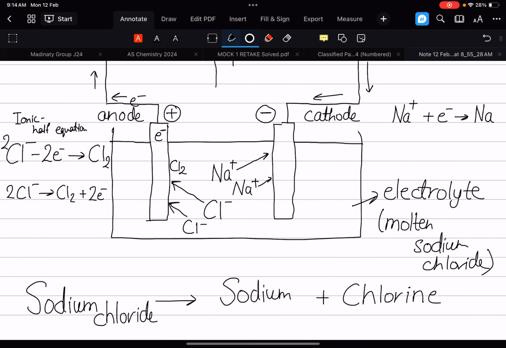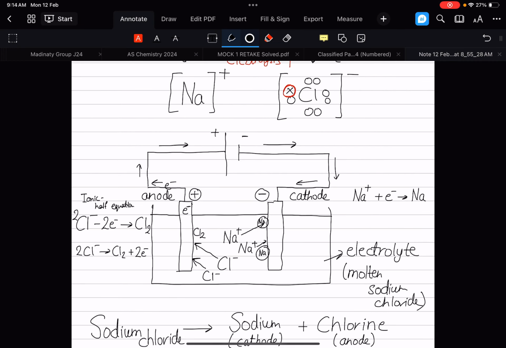So we can say that sodium is formed at the cathode and chlorine is formed at the anode, and this is how we broke up the ionic compound.